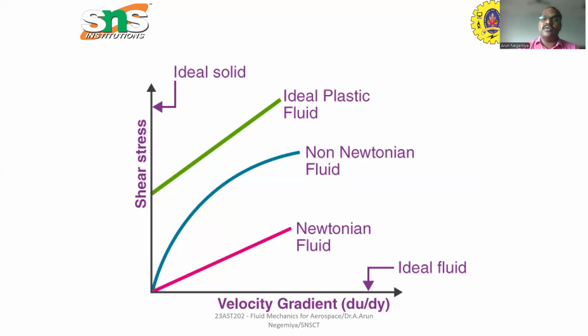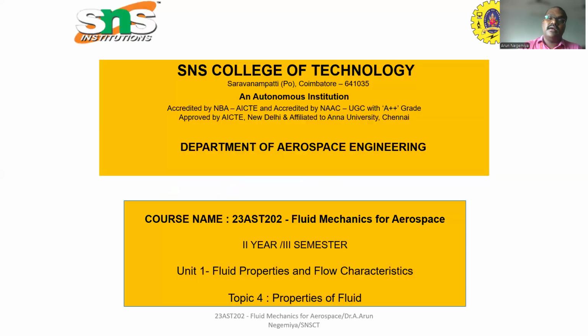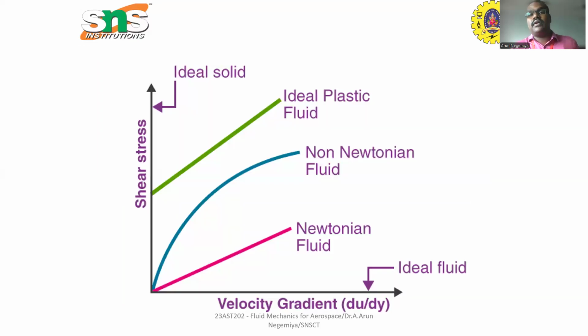Already I told you, paint, blood, and ketchup fall under the category of non-Newtonian fluid. It has some viscosity. For example, if the thickness is very high, it gradually increases and obeys Newton's law of viscosity. So thank you. We will catch you on the next topic.